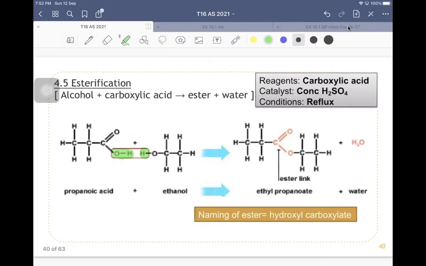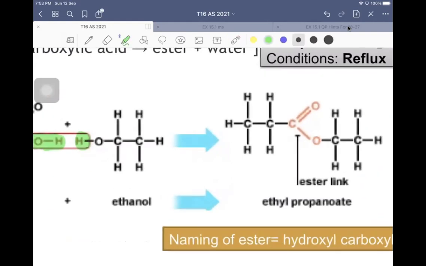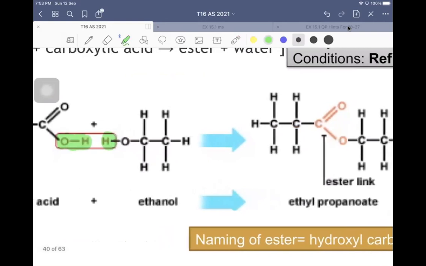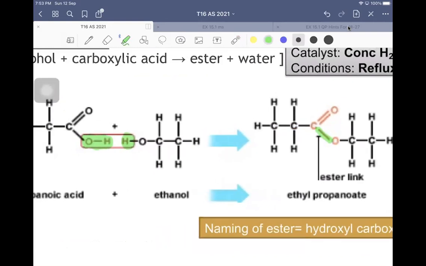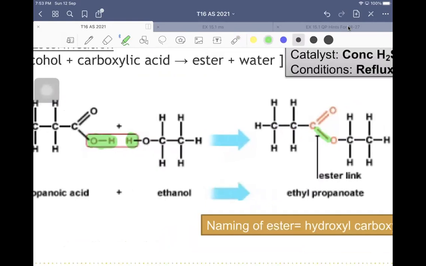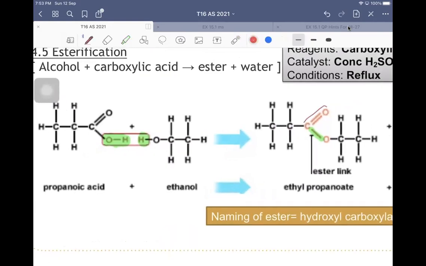The new bond formed in the esterification reaction is the C single bond O. The functional group of ester is COO. I usually like to extend it to COOC. The reason is that if we just stop at COO, then it could be COOH, like your carboxylic acid.